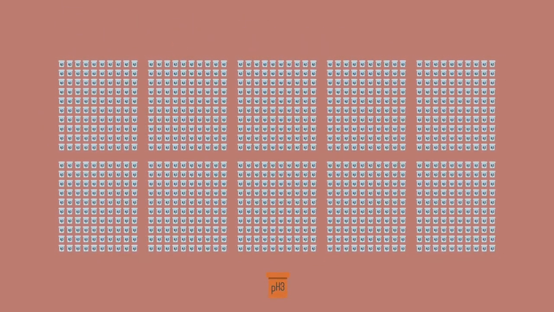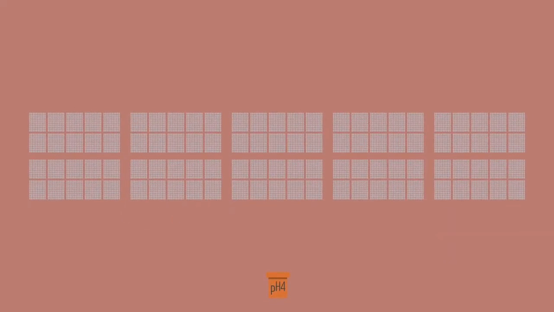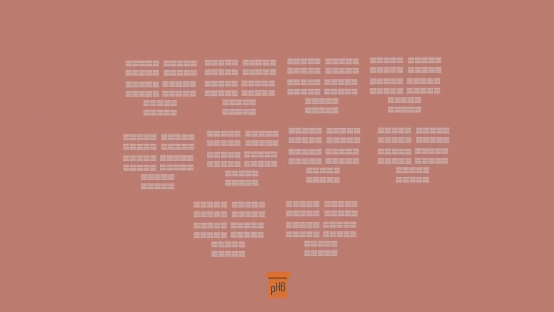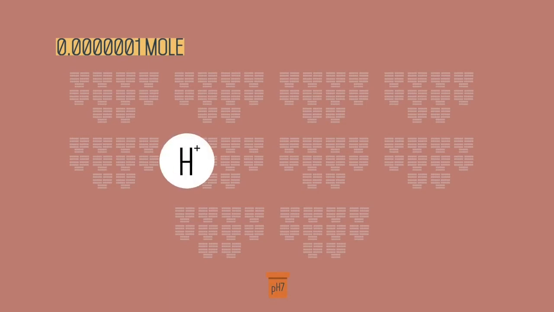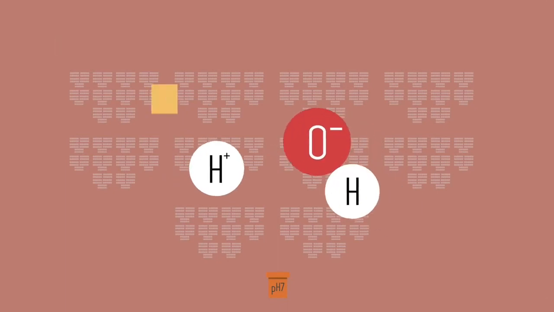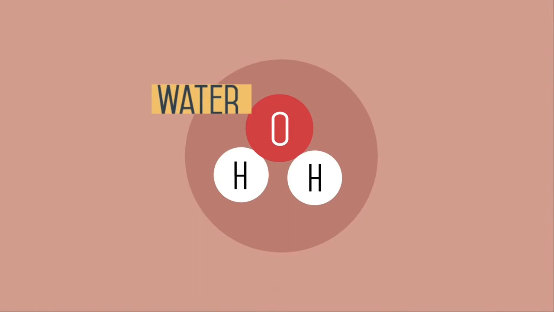Each increase of 1 unit of pH is a 10-fold reduction in hydrogen ion concentration. So when you reach pH 7, there are only 10 to the power negative 7, or 0.0000001 mole of hydrogen ions per litre. Here there are also an equal number of hydroxyl ions, and we have arrived at pure neutral water.